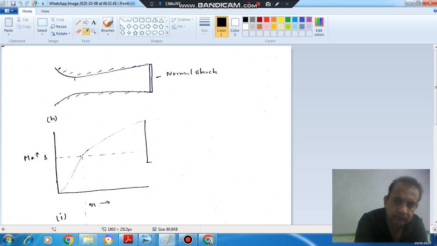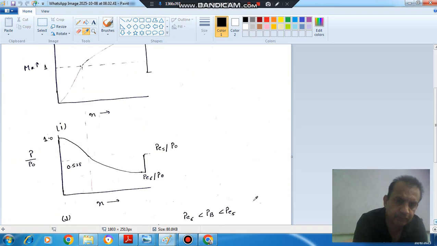So PE5 is behind the shock, and ahead of shock the pressure is PE6. That PE6 corresponds to our isentropic solution, because here we can see throughout the nozzle the process is isentropic. The shock is occurring at the exit of the nozzle.